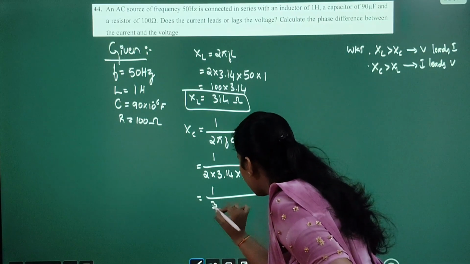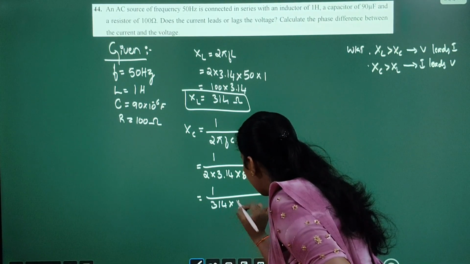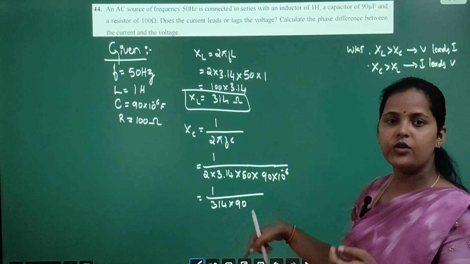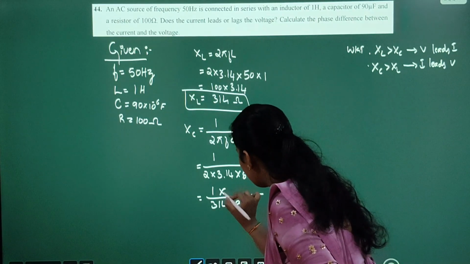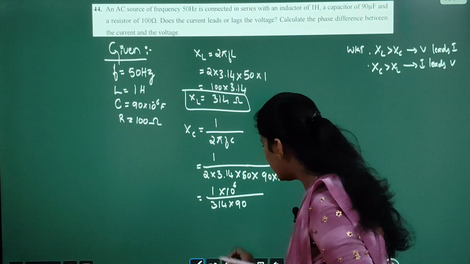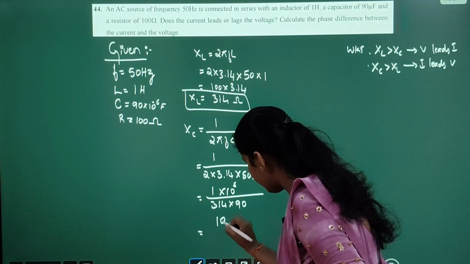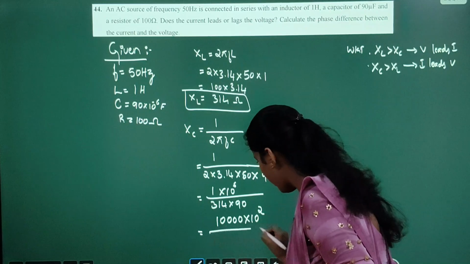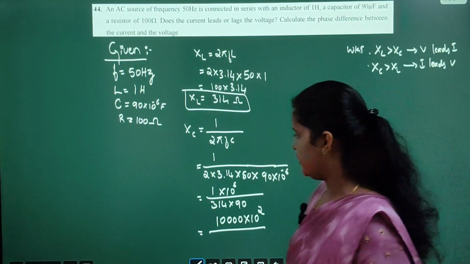So write down 314 into 90 into 10 to the power of minus 6 in the denominator. If we take it to the numerator, 10 to the power of plus 6 will come. So we can take here 10,000 into 10 to the power of 2 upon this value 314 into 90.